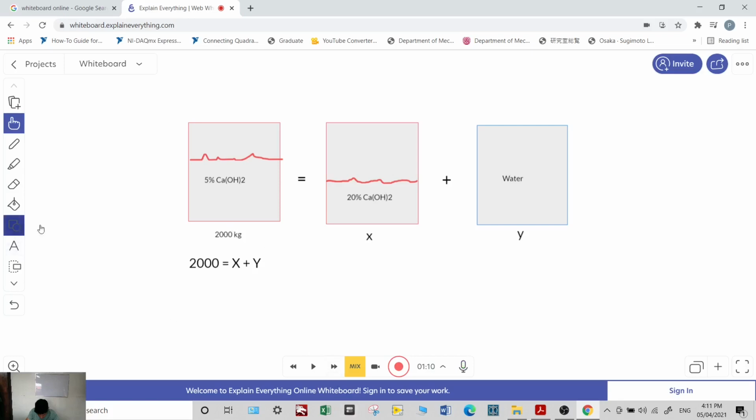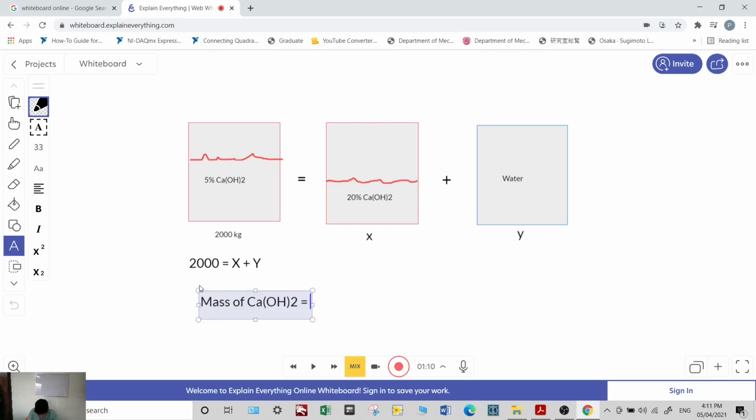Therefore, the mass of Ca(OH)2 from the 5% slurry, you can get by multiplying it with the total solution, 2,000. Okay, this is 100 kilograms.